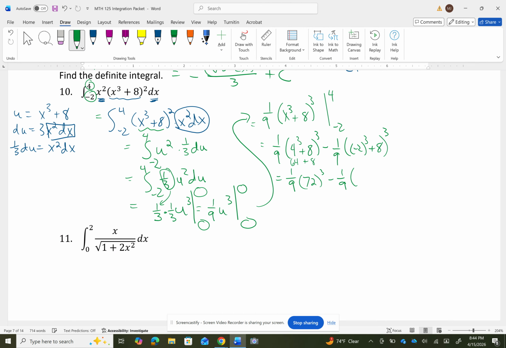And then here, -2 times itself 3 times is -8. But then I have a plus 8 that has to happen before I cube it. Ooh, I like that. That turns that part into a 0. That whole end piece is just going to be 0. And so it's really just going to be whatever 72 to the third turns out to be, divided by 9, and that's going to be 41,472.